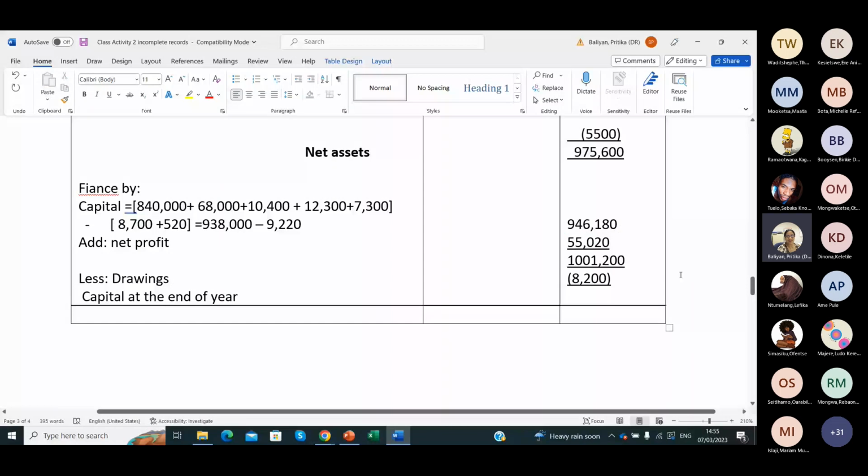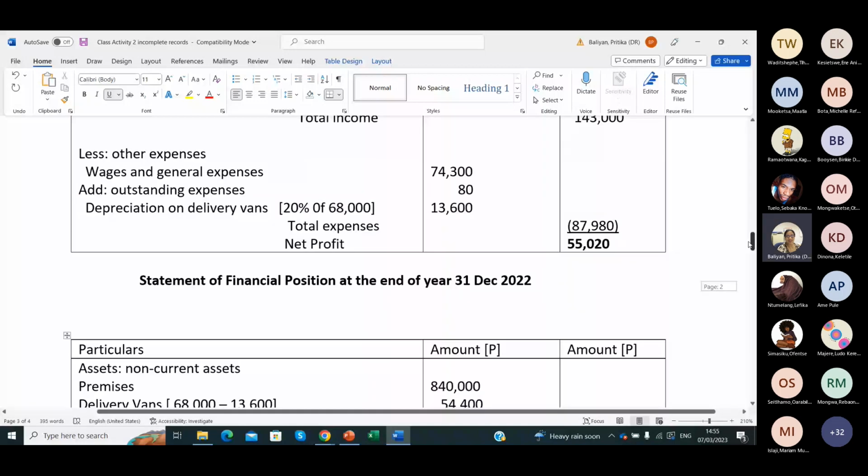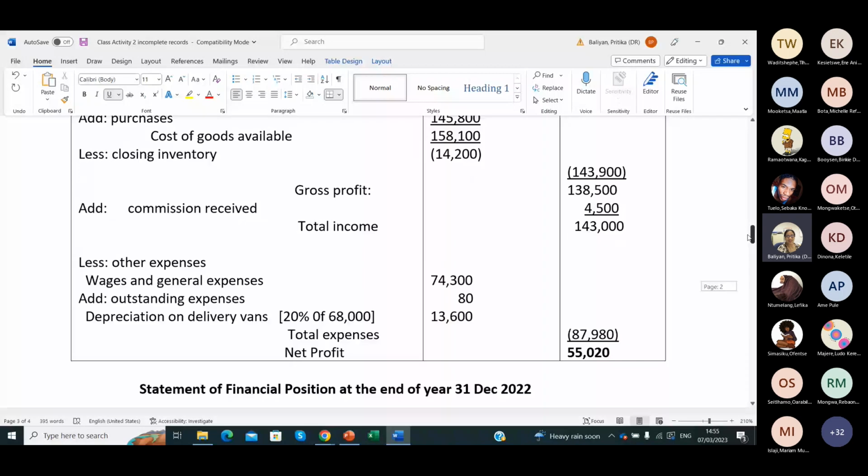Okay, when you subtract, then it's not balancing. What are we missing here? Yeah, I can see that. That's what I'm thinking. What are we missing here?